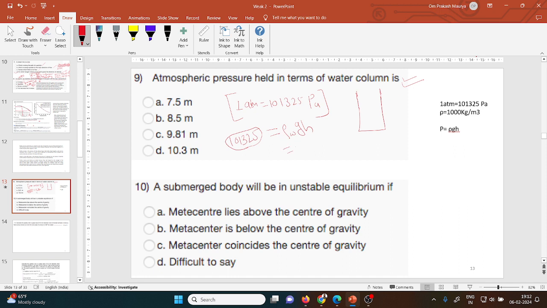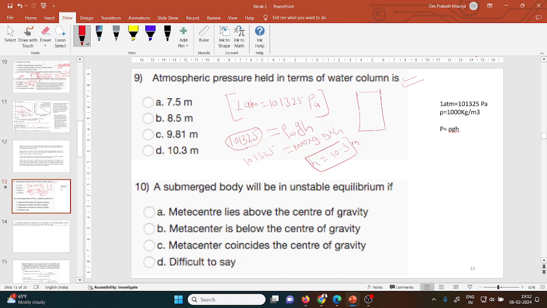If you put in 1000, the density of water, 9.81 into h, equals 101325, what will it give? h is equal to 10.3 meter.